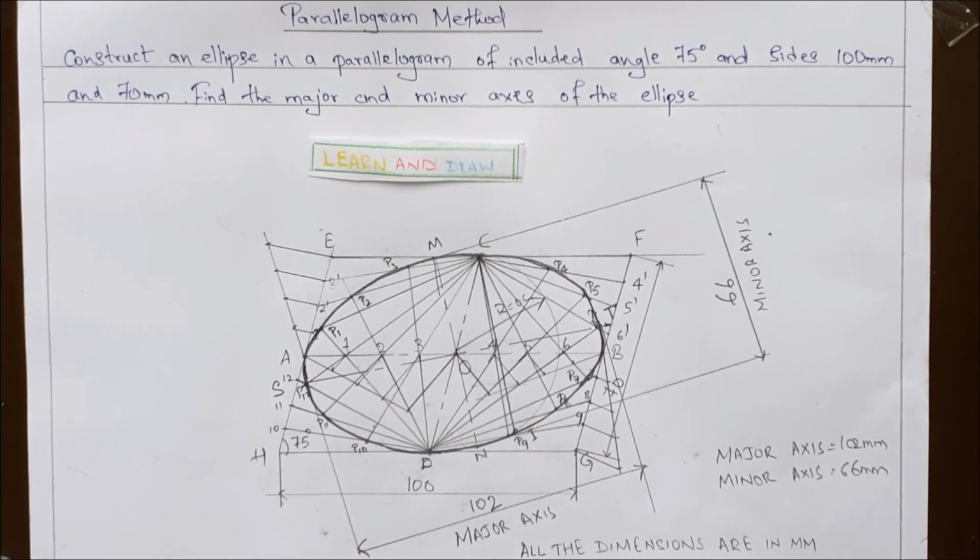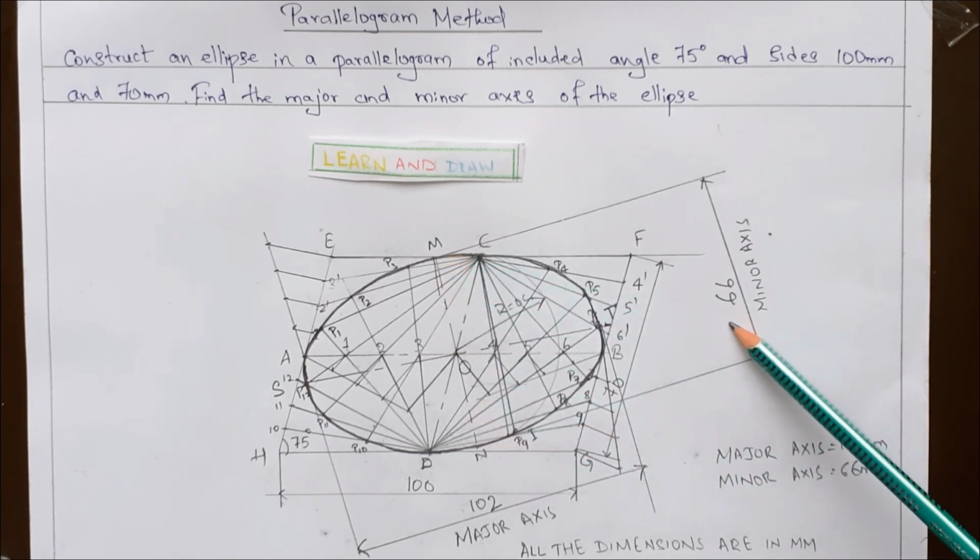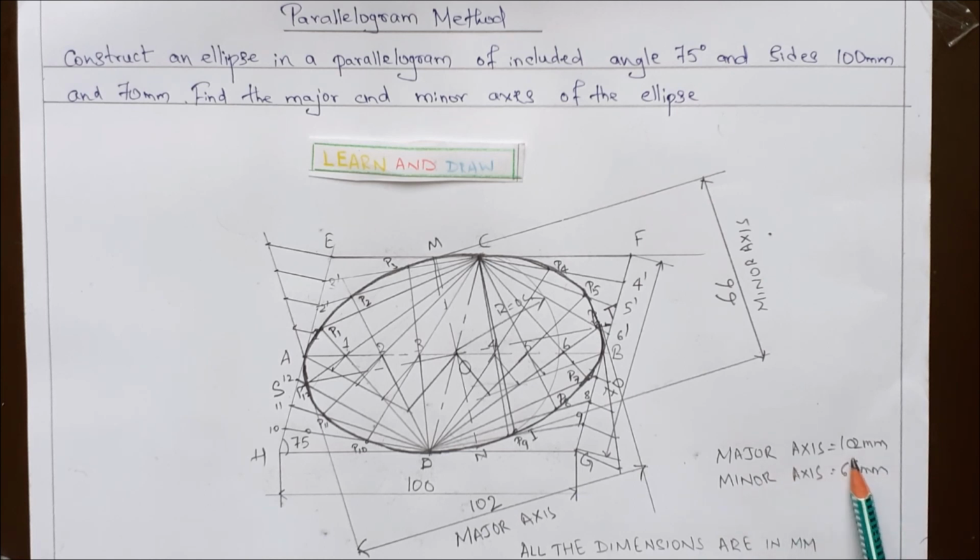After measuring ST, we get it as 102 mm, and after measuring MN, we get it as 66 mm. So major axis will be equal to 102 mm and minor axis will be equal to 66 mm. So this completes the problem.